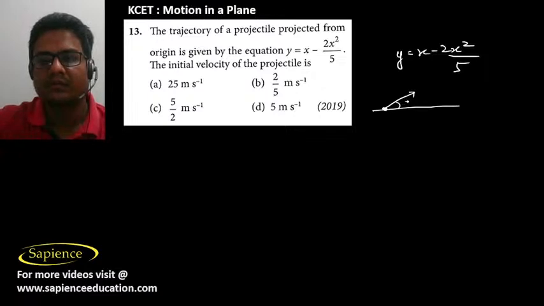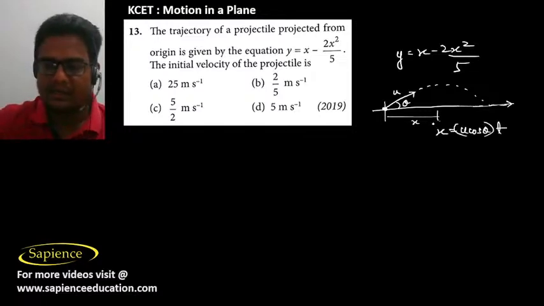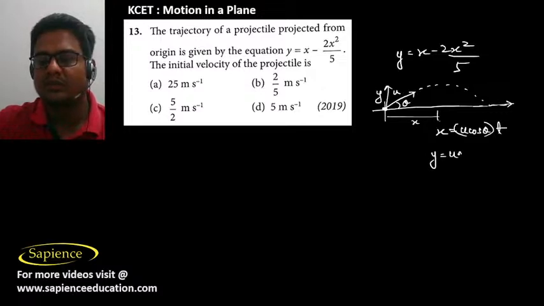We know that if a projectile is projected with a velocity u at an angle of theta with the horizontal, then the distance traveled along the horizontal, that is x, is u cos theta into t, and the distance covered along the vertical, which is y, is equal to u sine theta into t minus half g t square.